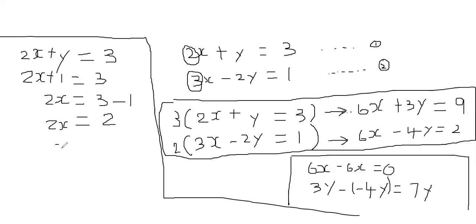We make x the subject now. We take over 2. 2 is multiplying. Take it over, it will divide. 2 divided by 2 gives us 1. So y is equal to 1 and x is equal to 1 also.